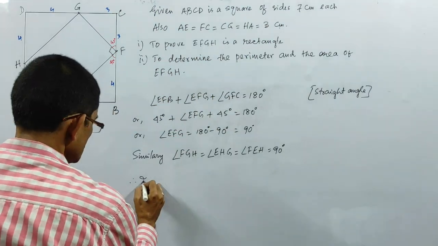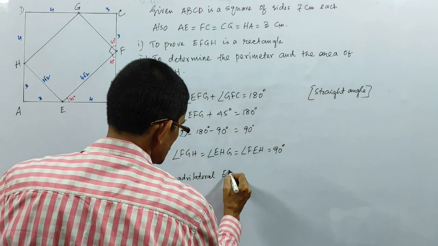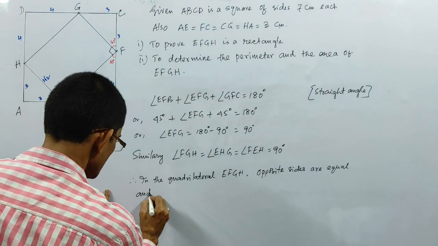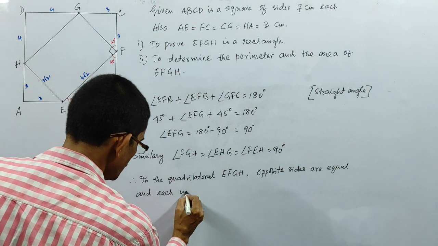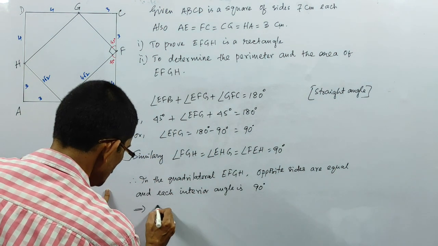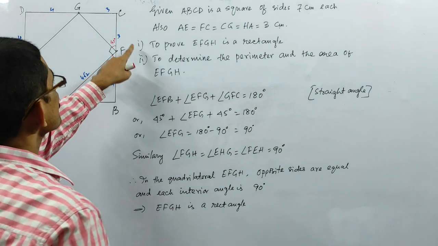Therefore, in the quadrilateral EFGH, opposite sides are equal and each interior angle is 90 degree. That means EFGH is a rectangle. So number 1 is proved.